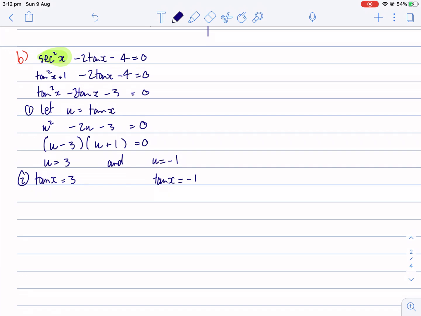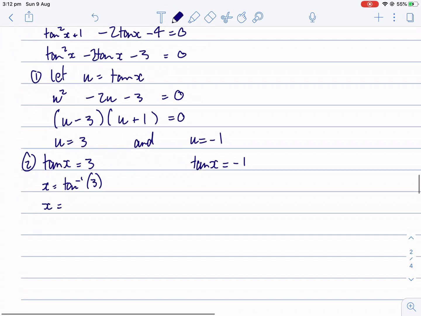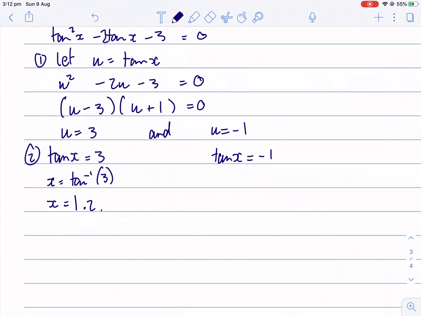So 3 is not on any of our special triangles, so I'm just going to do arctan 3. So that's 1.249 radians. With tan, you can always just plus pi on to find the other one.